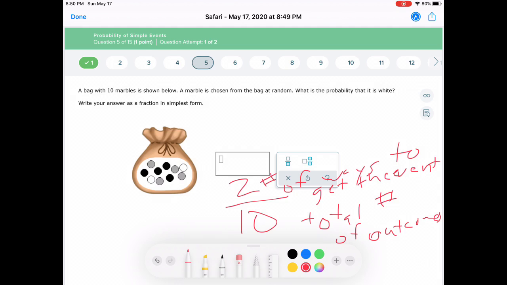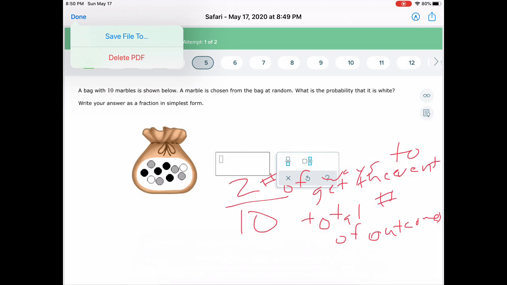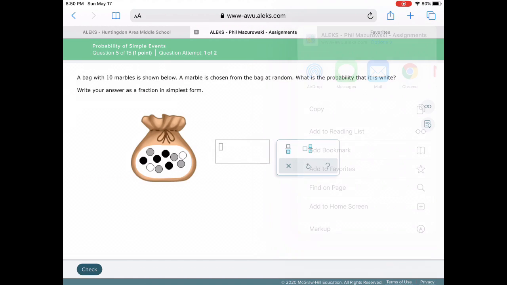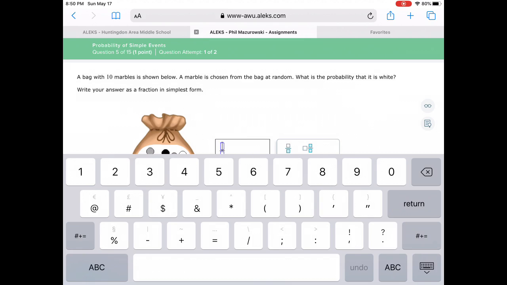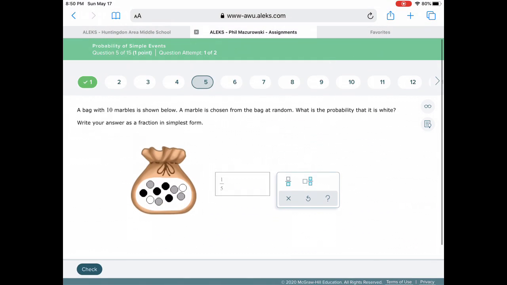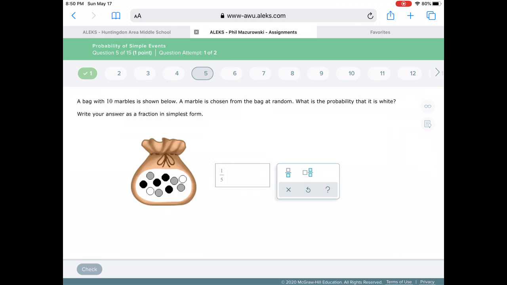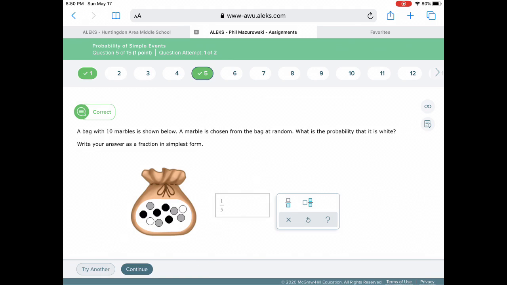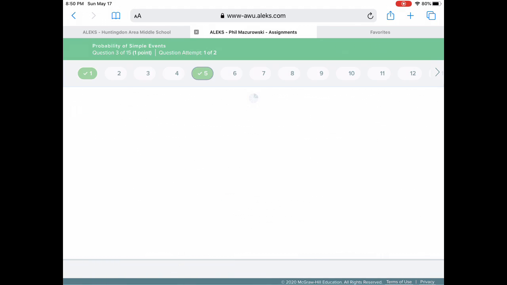In this case, it's 2. So there are 2 white marbles out of 10 total marbles, and that simplifies to 1/5. That is our simple probability. And it does say to make sure that we write our fraction in simplest form.